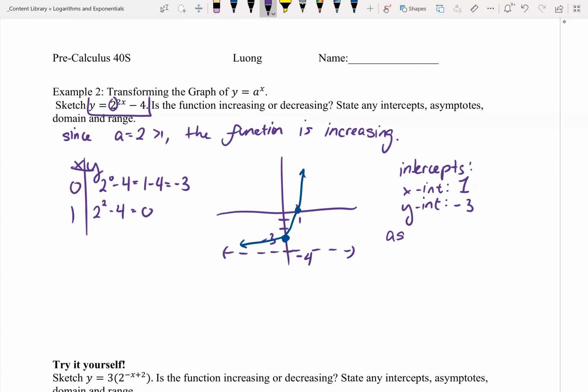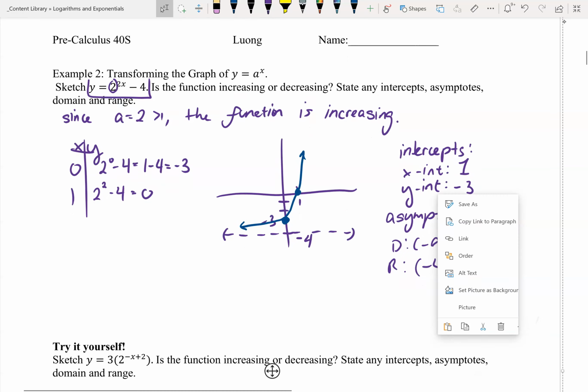Your asymptote is located at y equals negative 4, and then your domain and range. So your domain is negative infinity to positive infinity. Your range, your lowest endpoint here in your y values is from negative 4 and then goes on to infinity.